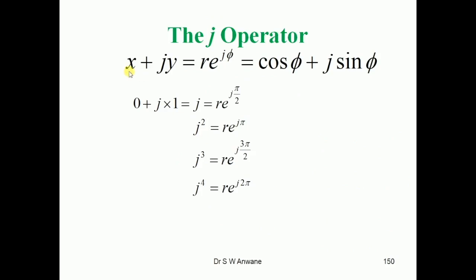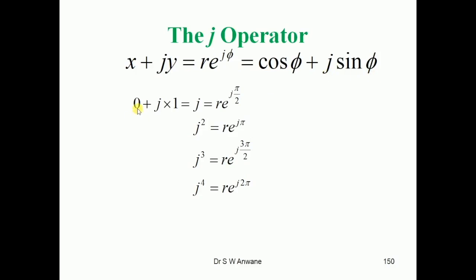Now we have x plus jy, the point in the Argand plane, in polar form. By Euler's identity, we have r into e to the power j phi. So if r is 1, we can write cos of phi plus j times sine of phi.